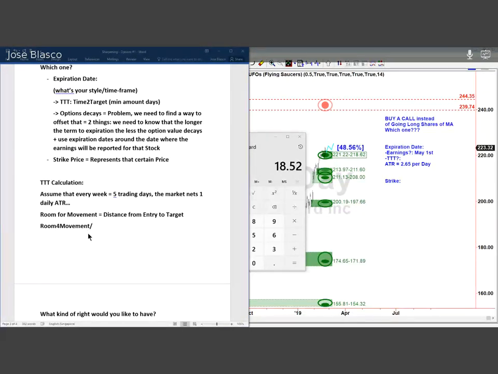You would take the room for movement divided by the daily ATR, which is 2.65, correct? 2.65 per day.